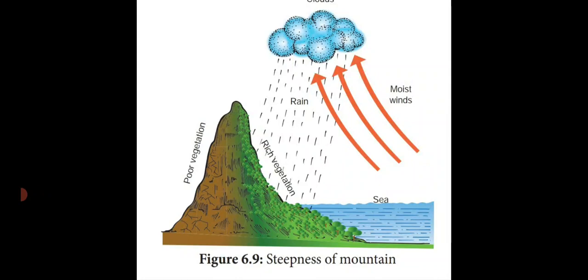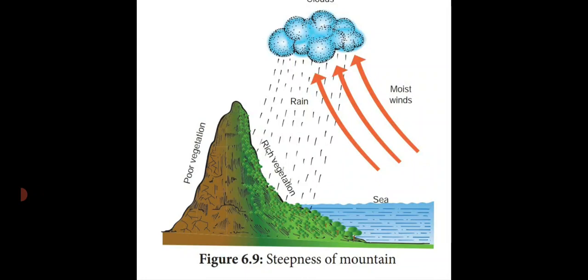So how are we getting the rain in the hill region? The sea water is evaporated due to sunlight. The moist wind occurs in that region and makes the clouds condense, and it falls in the form of rain on the top of the mountain region. The water runs from top to the bottom. The plains and the valley regions retain the water in the soil, showing the rich vegetation.